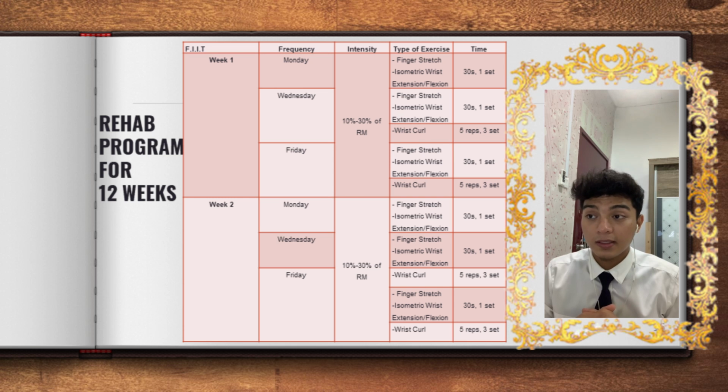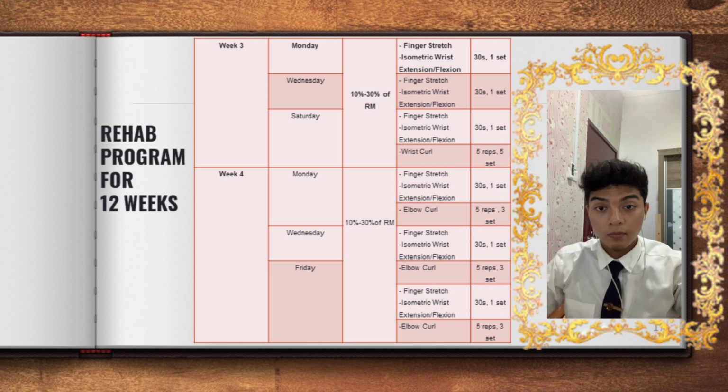Wednesday, finger stretch, isometric wrist extension and flexion, also 30 seconds one set. And Friday has wrist curl for 5 reps, 3 sets, finger stretch, isometric wrist extension and flexion for 30 seconds one set, and back to wrist curl, 5 reps in 3 sets.